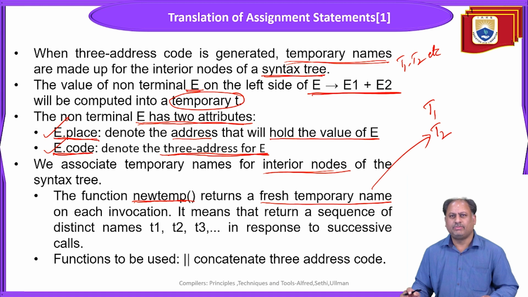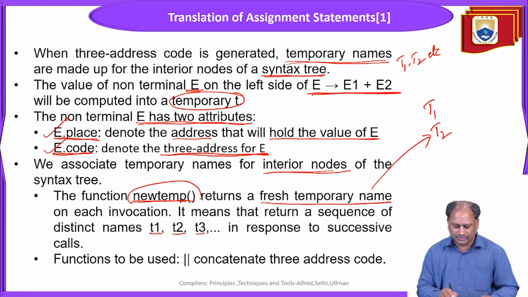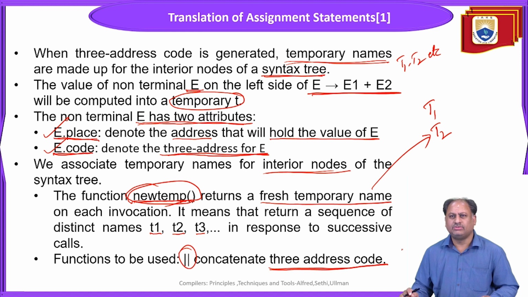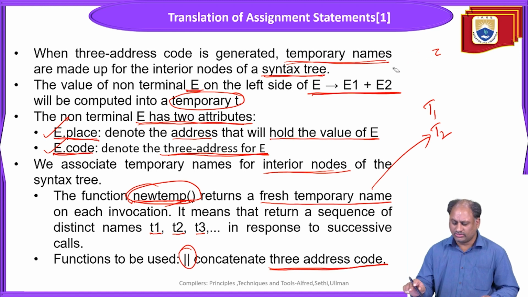So we get various temporaries like T1, T2, and so on up to Tn, whenever we call new temp. Each time a fresh temporary is returned. Then concatenation has to be applied for the 3 address code notation.